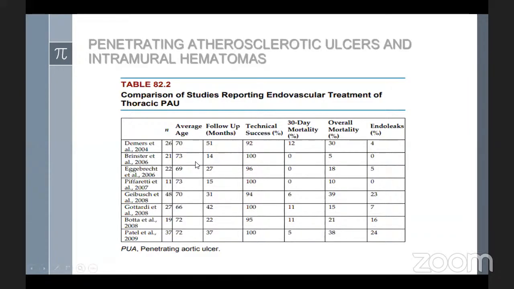The average age of patients with hematoma or chronic dissection is usually from the 60s to 70s. As you can see here, 30-day mortality is less than 10% in most of the studies, and the success rate is from 95 to 100%.